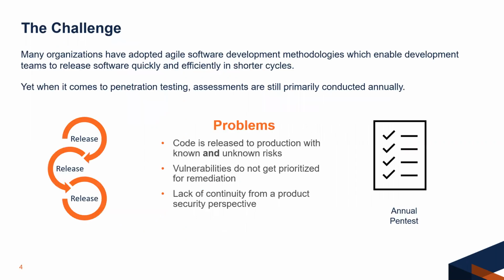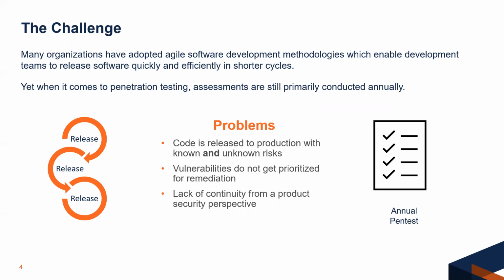Great, thanks, Jordan. Before we begin discussing what continuous penetration testing is and how it works, we have to understand how this topic came about. One of the challenges for organizations when it comes to product security is that pen tests are generally conducted annually to fulfill compliance and audit requirements at the behest of security teams and/or stakeholders.